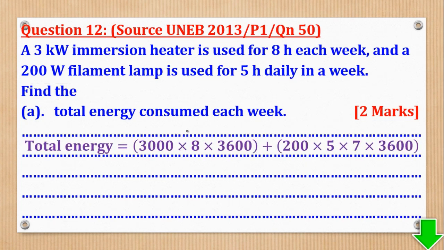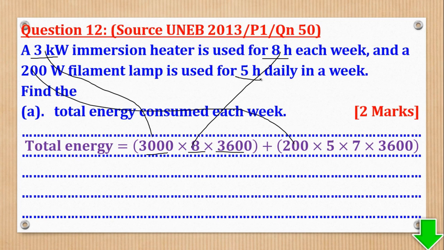So total energy consumed will be 3000 times 8 times 3600. So this one, convert to watts, it gives you 3000. Then the hours, convert to seconds, it gives you 8 times 3600. Then for this one, it's already in watts, so it is 200.